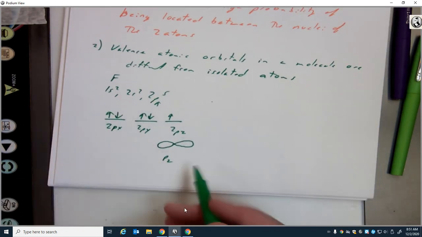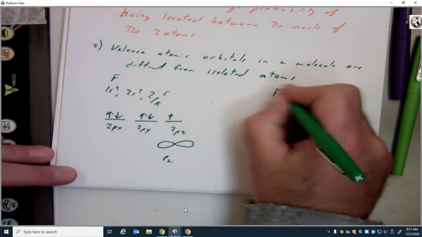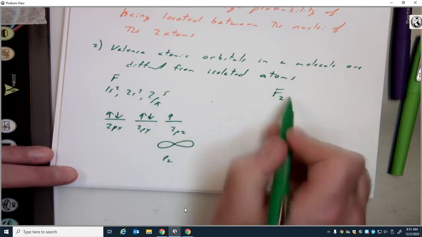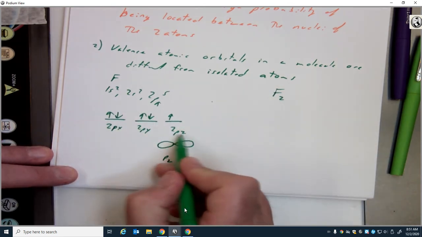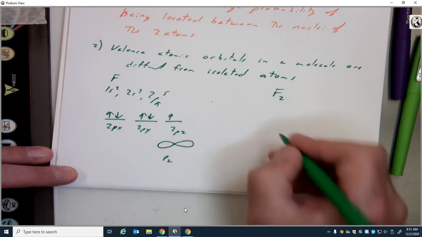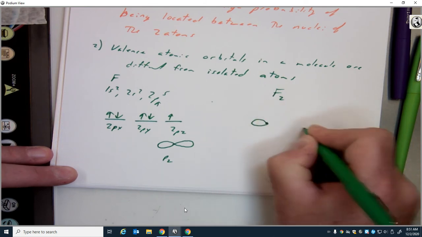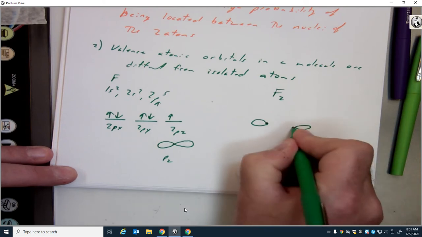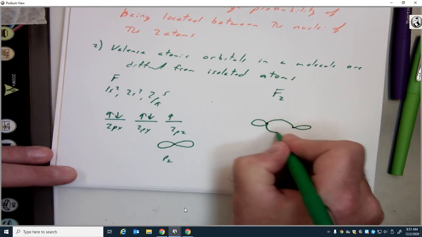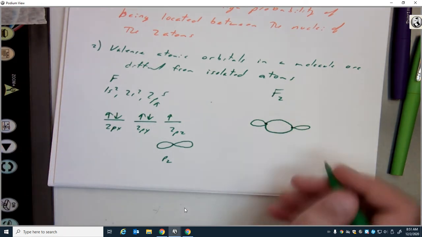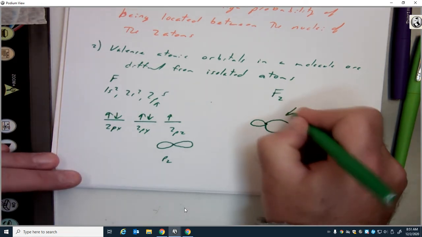Now, when we make diatomic fluorine, these two pz orbitals overlap. So we get something like this, and the shared electrons are in here.